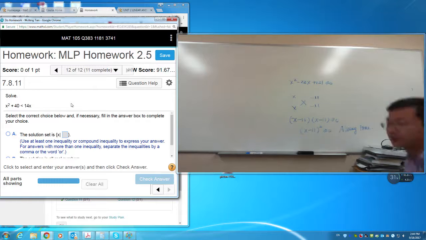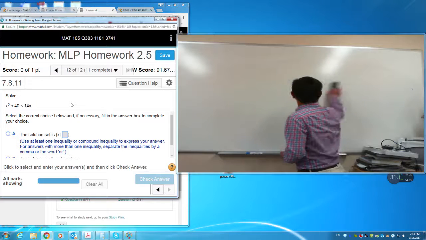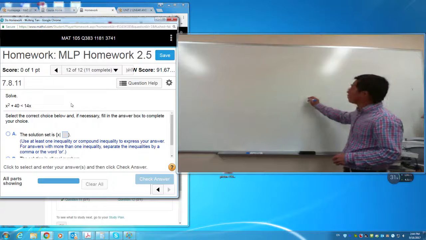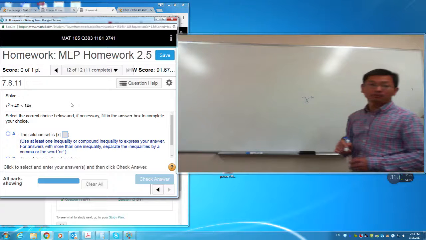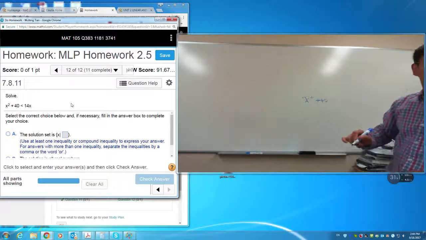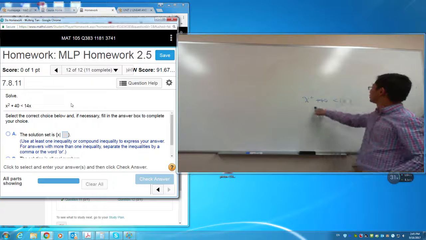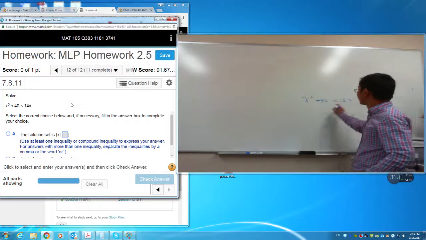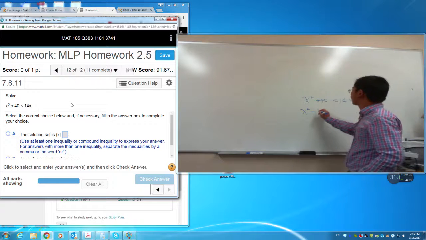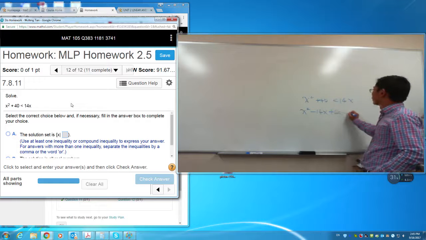Solve x squared plus 40 less than 14x. So I need to subtract 14x from both sides to have a trinomial form. x squared minus 14x plus 40 less than 0.